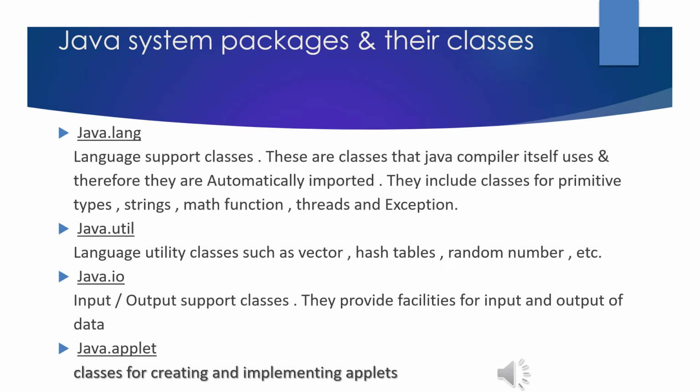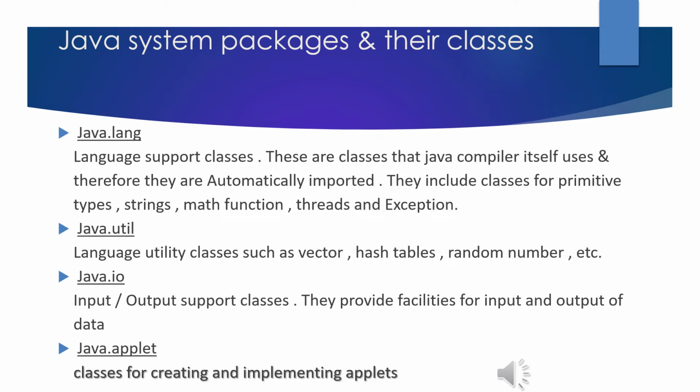They include classes for primitive types, math functions, threads and exceptions. java.util: language utility classes. These are used in programs like the vector class, random numbers, etc.